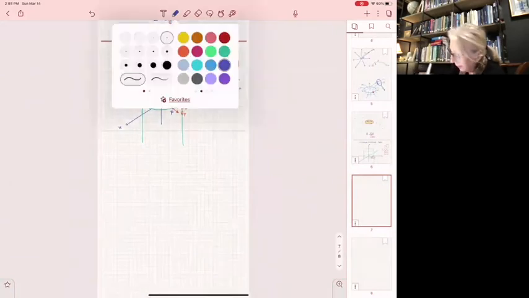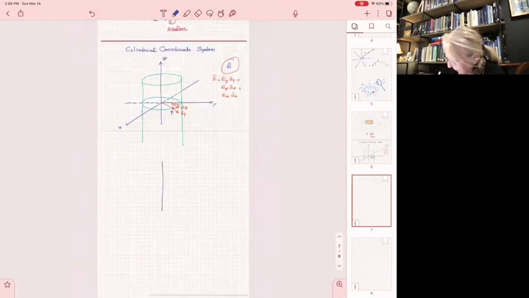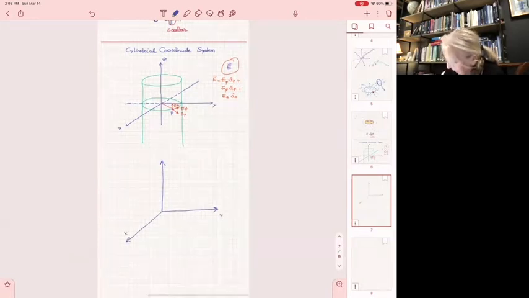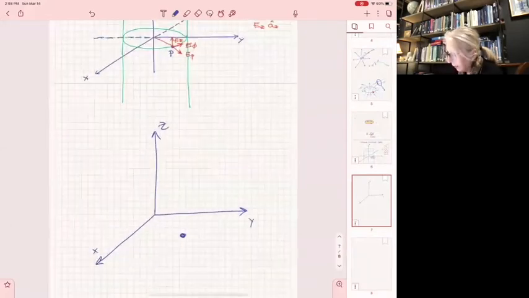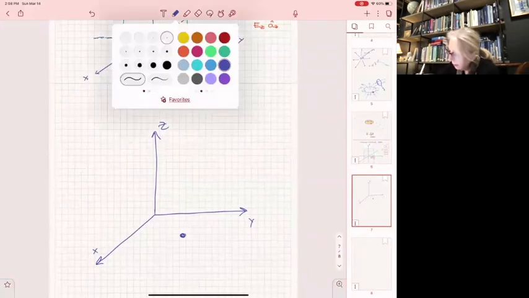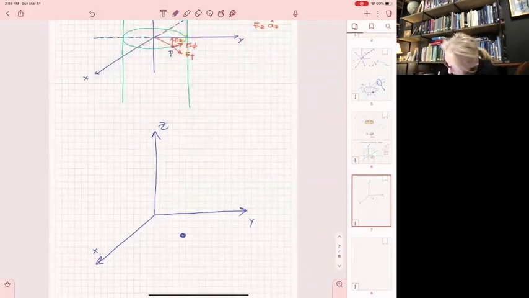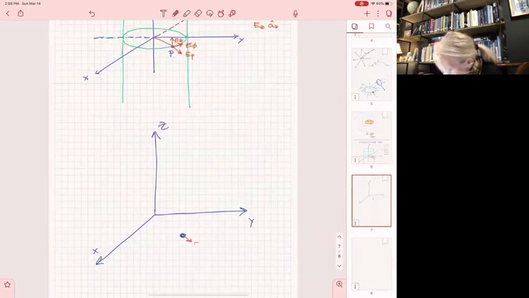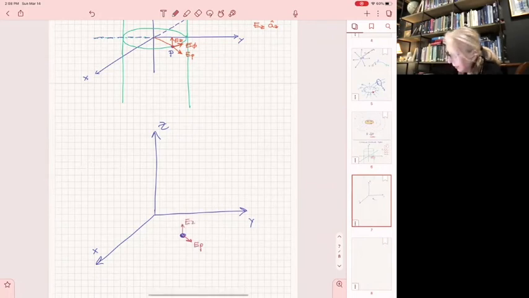So if I had the same point here in my X, Y, and Z system, but I keep the same 3 components. So at this point P, I will have E sub rho like this. I will have E sub z like this. And I will have E sub phi to be like that.